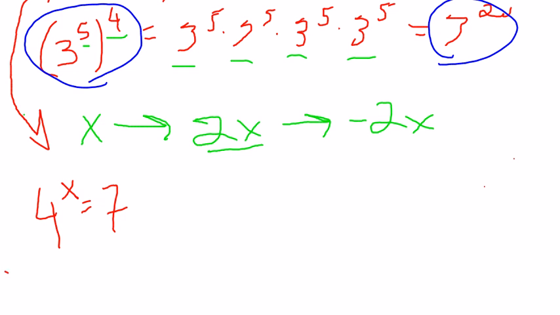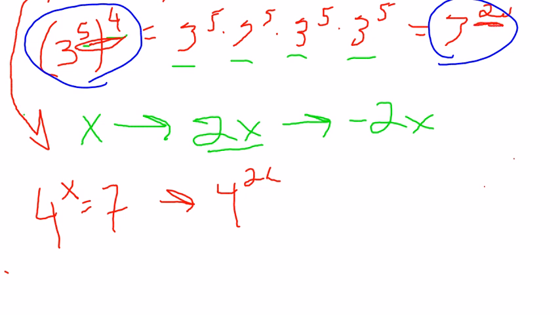Hold on. This needs to go to a 4 to the 2x. In order to do that, you need to think of it as almost the opposite of this power rule that I did up top with the blue. To go from 4 to the x to 4 to the 2x, I need to take x and multiply by 2.